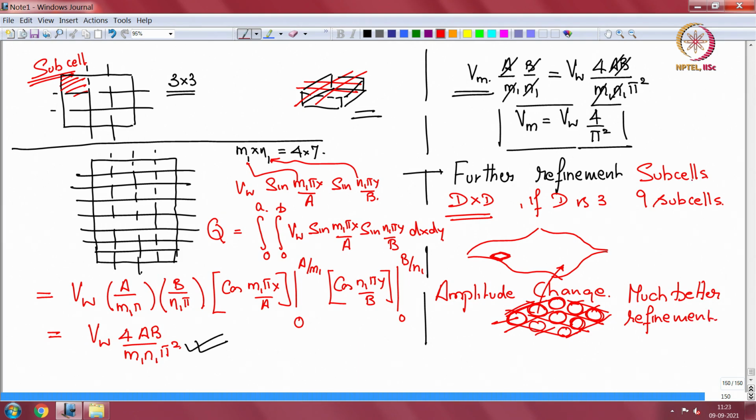Okay. So one is breaking into subcells, the other is attributing appropriate amplitudes. I will get a much better refinement, and so what are we trying to do? We are trying to find radiation efficiency, right? Radiation efficiency. So we will get curves as good as Wallace till the coincidence frequency.